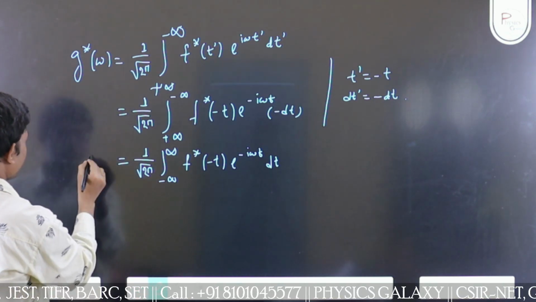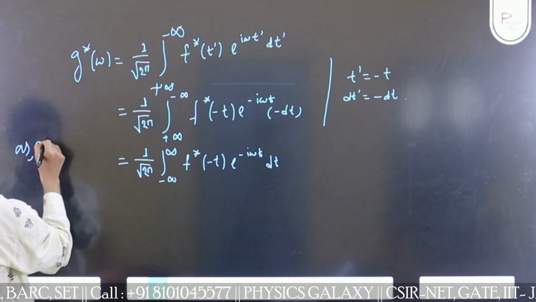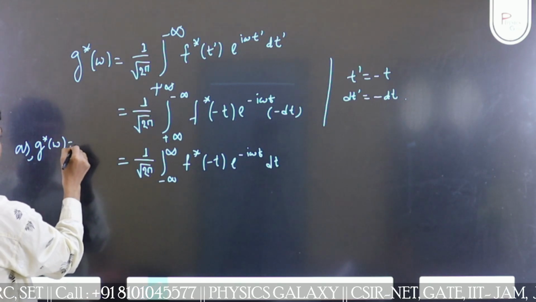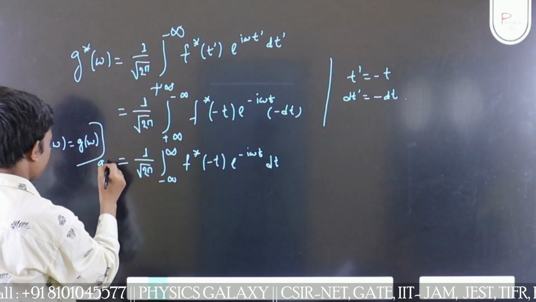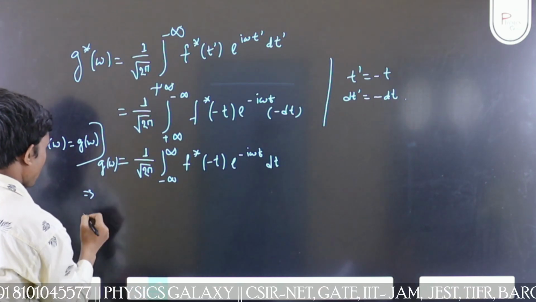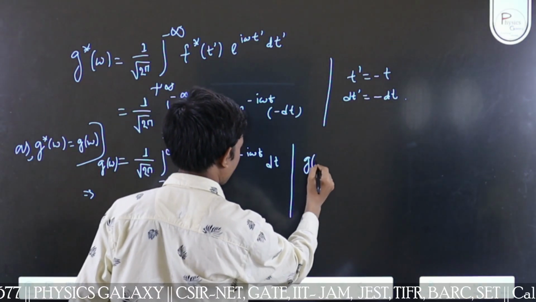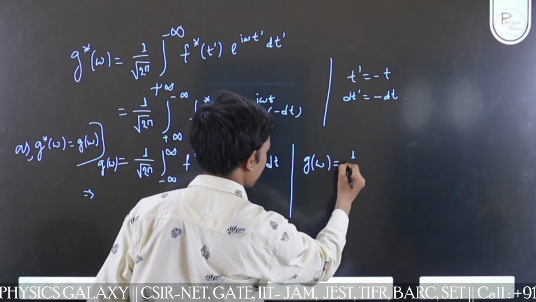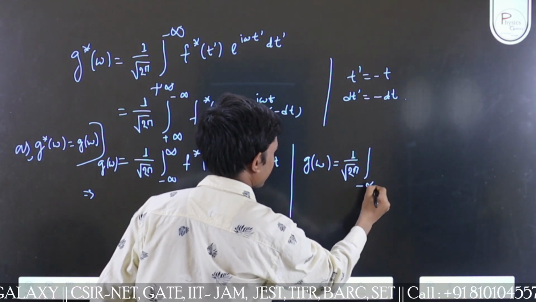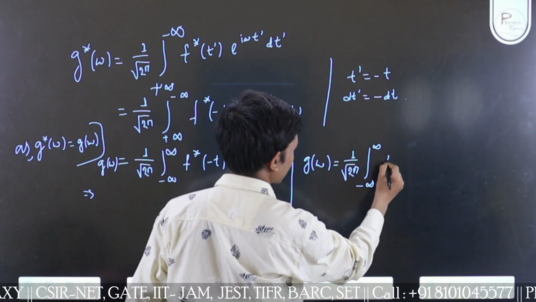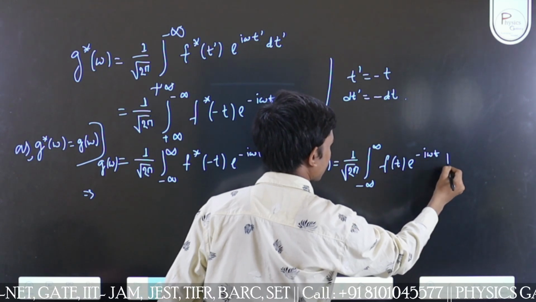as g star omega is equal to g omega, I write it as g omega, and compare with the first, I write that g omega is equal to 1 by root over 2 pi, minus infinity to infinity f of t e to the power minus iota omega t dt.